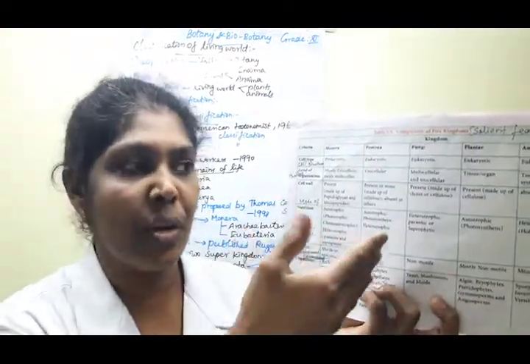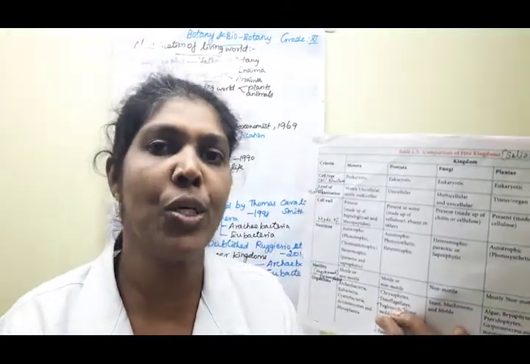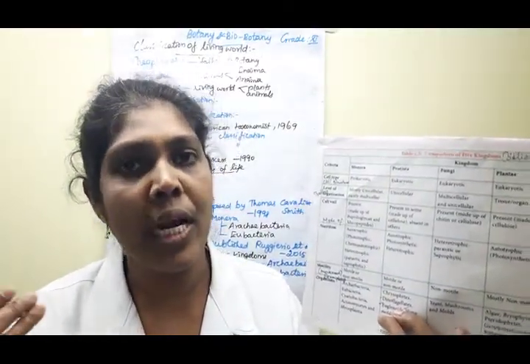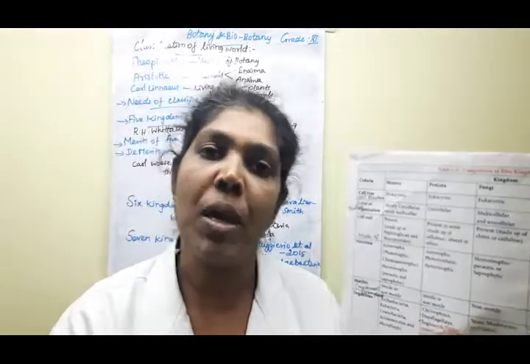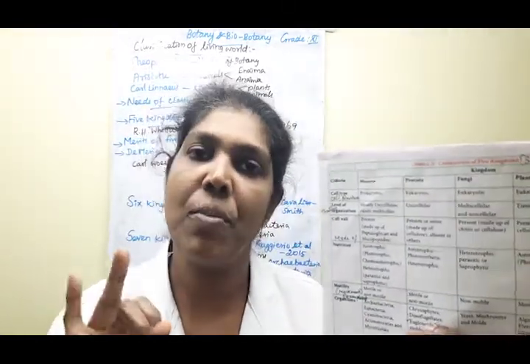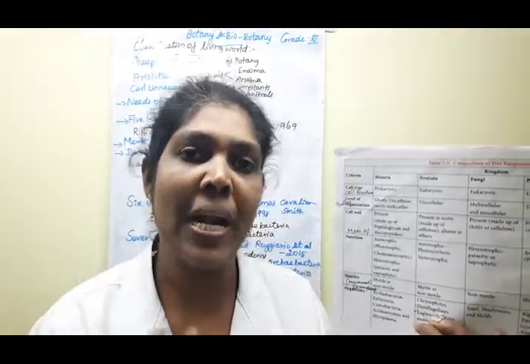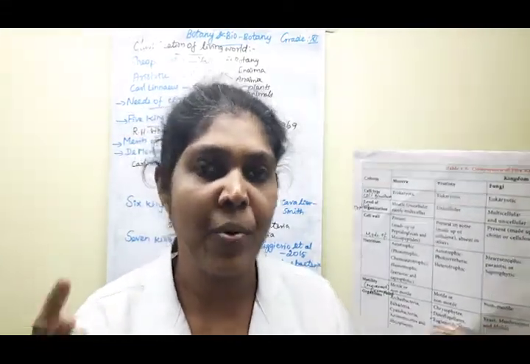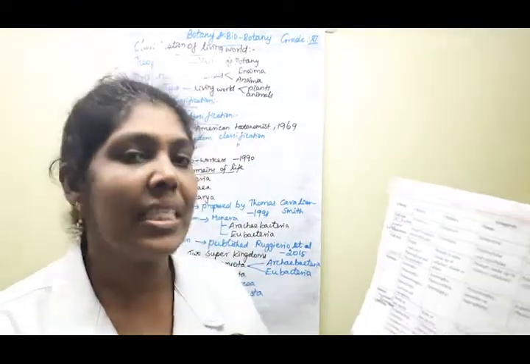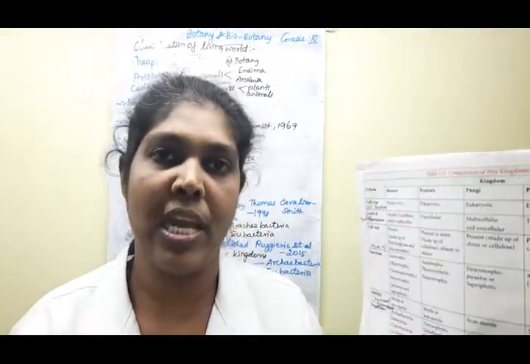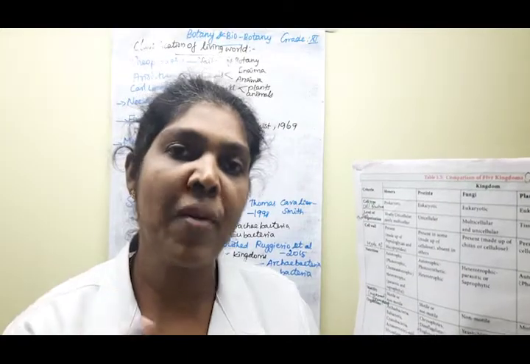Just refer to this tabular column; you should be familiar, you already learned all these terms. What do you mean by eukaryotes? You know that. What do you mean by prokaryotic organism? You know that. What do you mean by multicellular and unicellular? And then which substance the cell wall is made of. Then which type of nutrition?